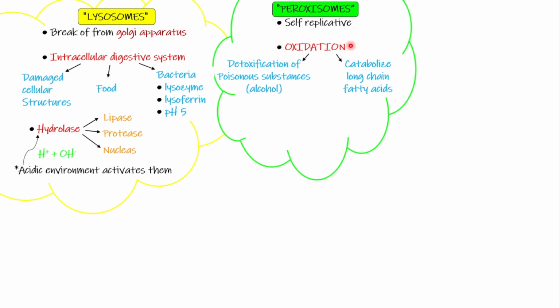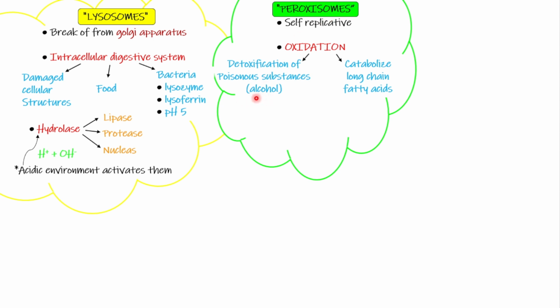Oxidation of what? Basically, the most important function is the detoxification of poisonous substances like alcohol. We also discussed the detoxification of drugs as a function of smooth endoplasmic reticulum. Here, the detoxification of poisonous substances is also done by peroxisomes, specifically the alcohol.